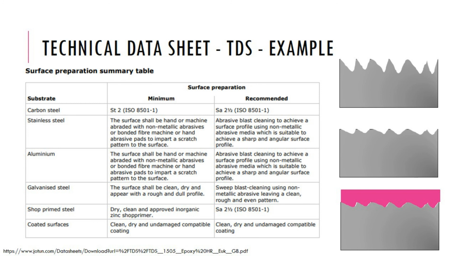If you see here, the galvanized steel is told to be blasted by sweep blast cleaning. For stainless steel and carbon steel, they have talked about an abrasive blast cleaning with an angular surface profile. These two are different because in galvanized steel, we need to preserve the galvanized layer along with the surface profile that we need.